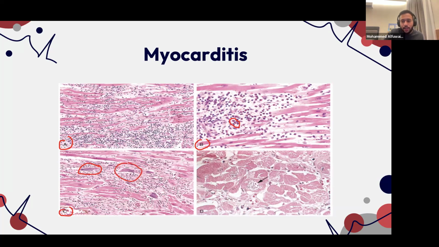Giant cells. So this is called giant cell myocarditis. And how about D? What is seen in D? Chagas disease. What is the organism? Trypanosoma cruzi. Okay, good. It's a parasite. Perfect. So these are basically the forms of myocarditis.